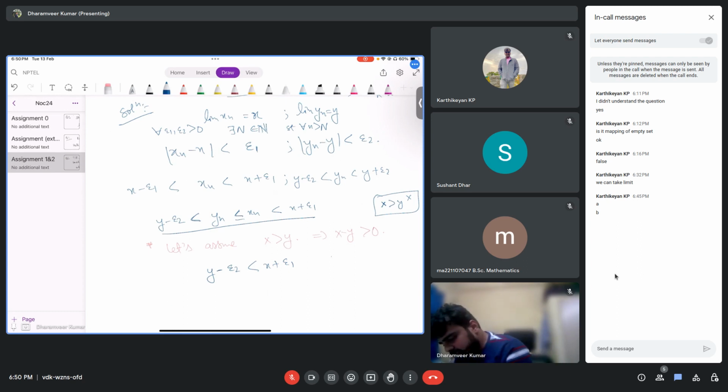Let's use epsilon 1 equal to epsilon 2. So this implies y minus x is bounded by some epsilon. Okay, you don't know what that is.